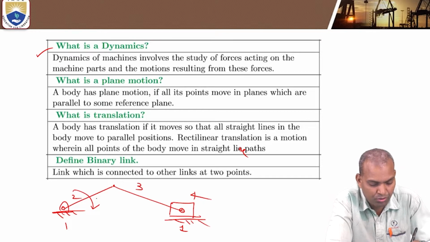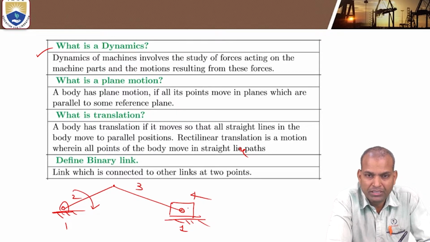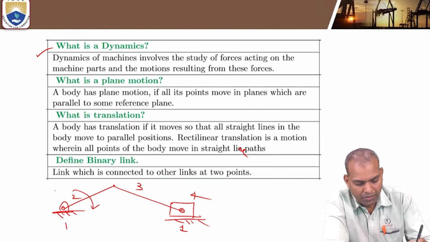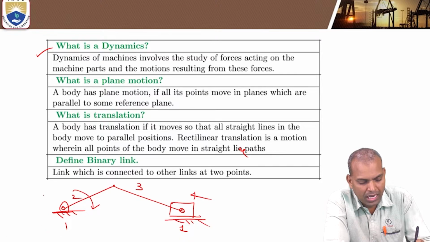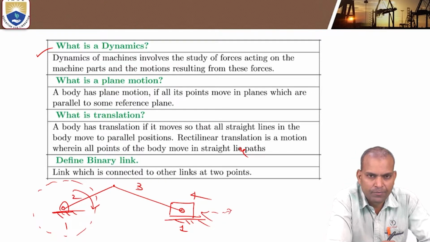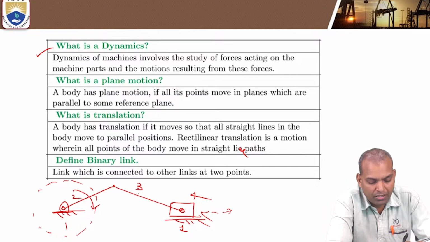That's why it is known as a crank. And link 4 is having translatory motion. It moves, sliding, when link 2 is having the rotary motion. Then what is the motion of link 3? This link 3 is known as the coupler rod. This coupler rod is having combined rotary and translatory motion.